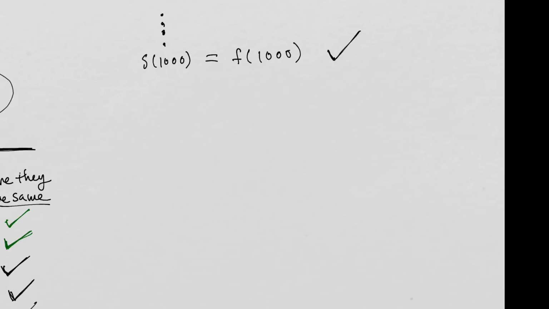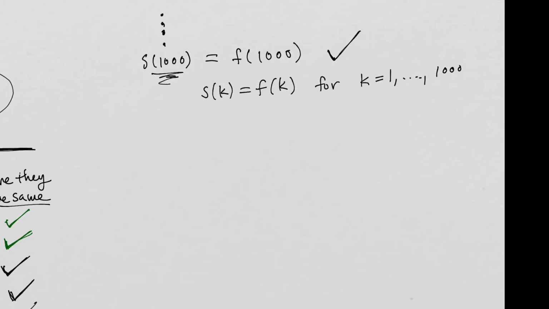Checks out. But unlike before, I don't tell you what this is equal to. I don't say, hey, S of 1,000 is some value. I just say, look, I've checked all the numbers up to n equal to 1,000. And I know that for every number, S of k is equal to F of k for k from 1 up to 1,000. Already checked it.